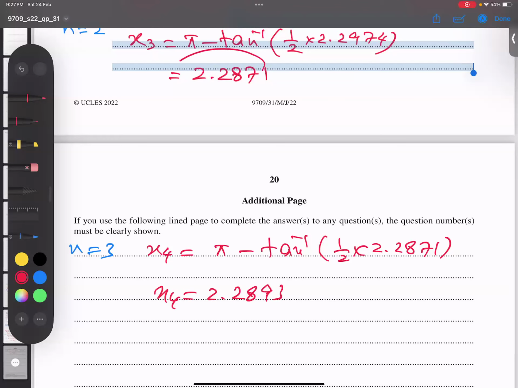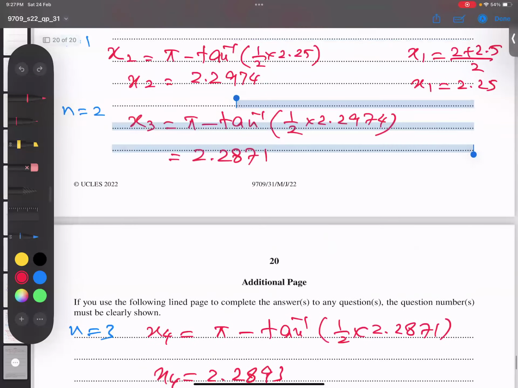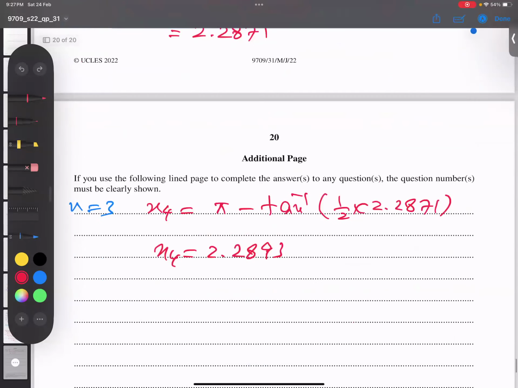If you look carefully, students, it starts matching, because to 2 decimal places, if you round it, it becomes 2.29, and right here 2.29. So no need to go further. I can say the answer directly, or you can check further, but I think this is enough, and our final answer is 2.29.